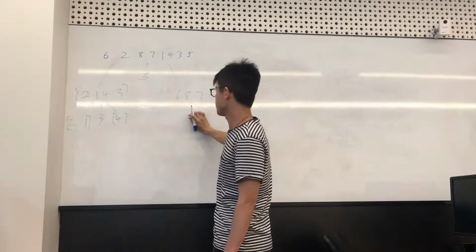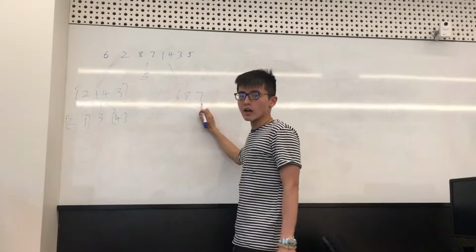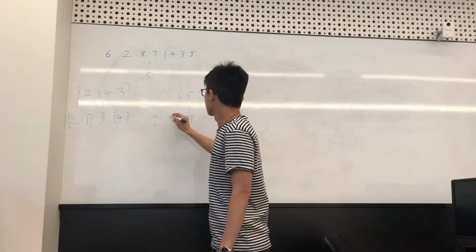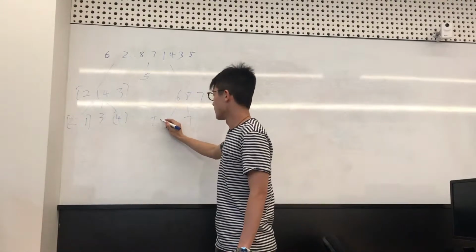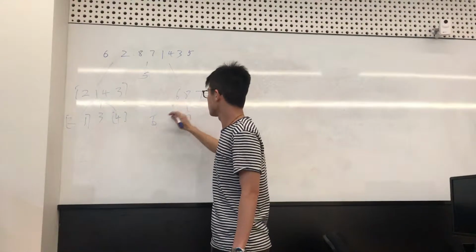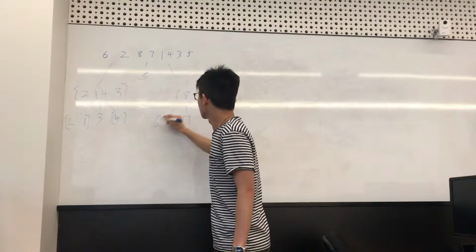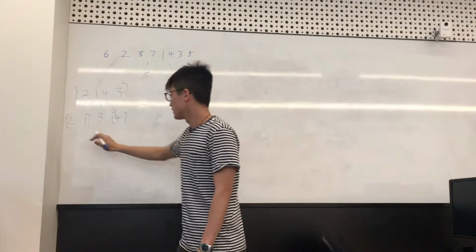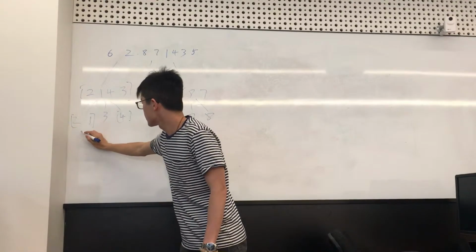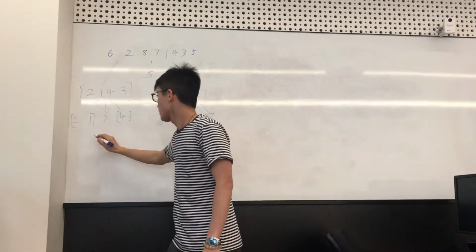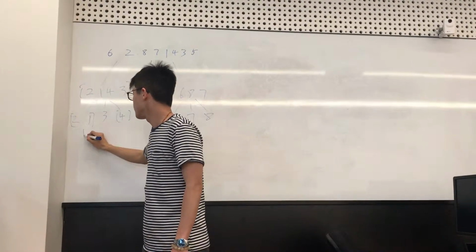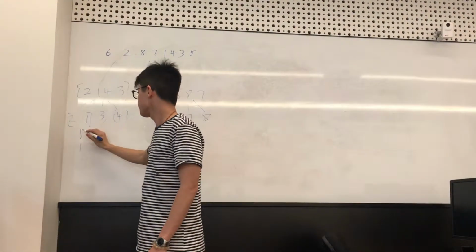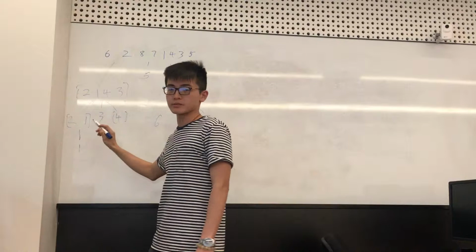And still about this, we choose 7 as our pivot. We find 6 is smaller, 8 is bigger. Okay, we still have 1. We use 1 as our pivot, and the 2 is bigger.